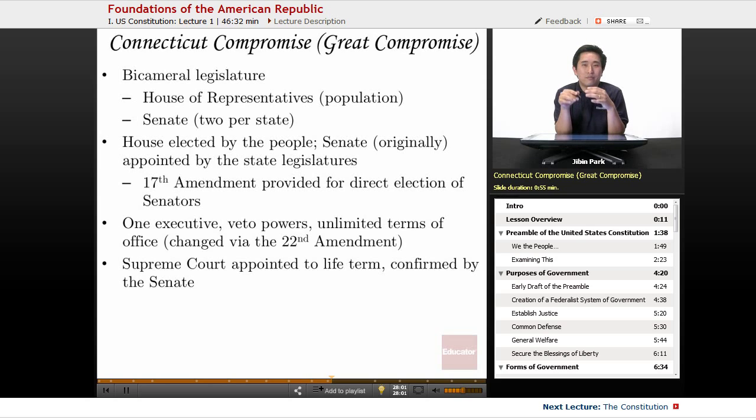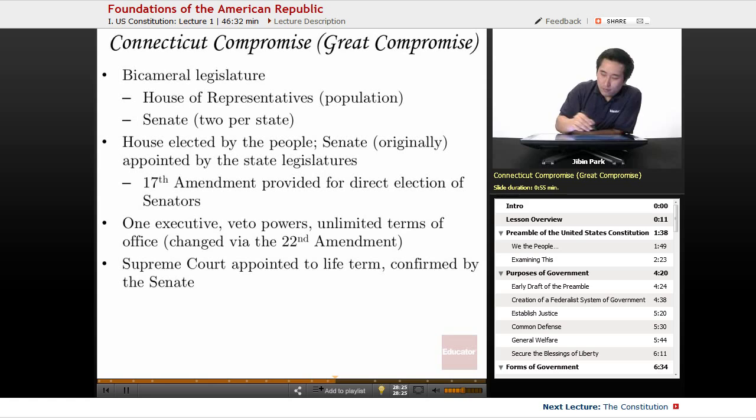If the Virginia Plan proponents hadn't compromised at all, the small states would have defected, and the small states clearly understood that they couldn't proceed unless the large states were involved. So this was the only way to get them to agree to create a United States of America.